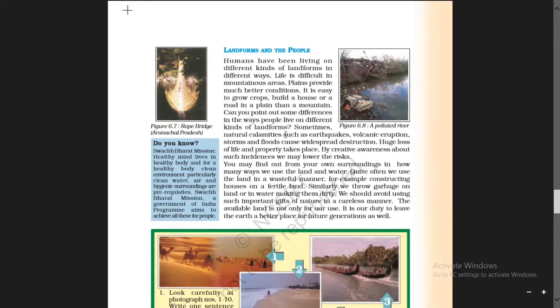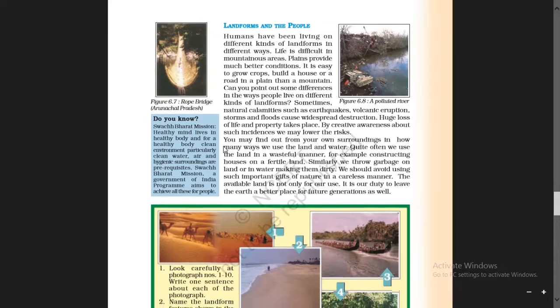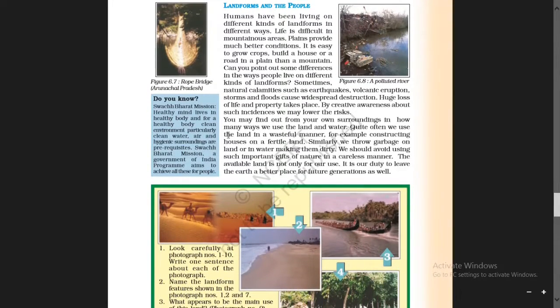Sometimes natural calamities such as earthquakes, volcanic eruptions, storms, and floods cause widespread destruction. Very widely it damages. Huge loss of life and property takes place because of these natural calamities.